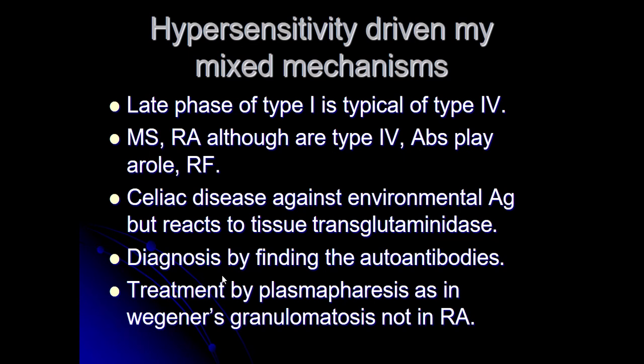So diagnosis is by finding these autoantibodies and linking them to that type of disease. The treatment is usually by plasmapheresis, just taking those antibodies out of the serum. It could work in a disease called Wegener's granulomatosis, but it doesn't work in rheumatoid arthritis.